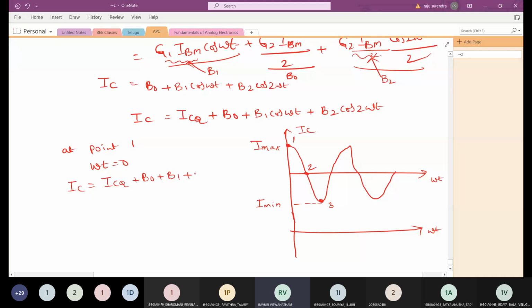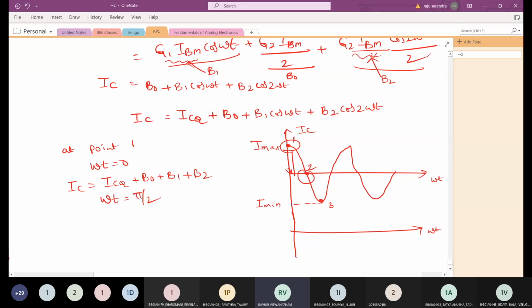This is the expression for IC at point 1, omega t equal to 0. All of you understood why omega t is 0?